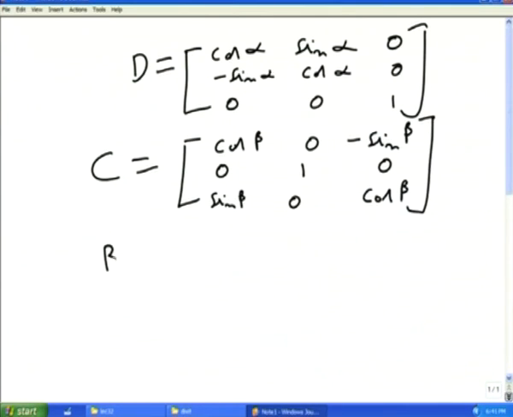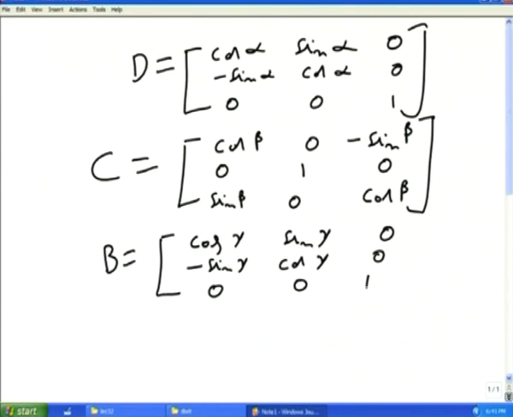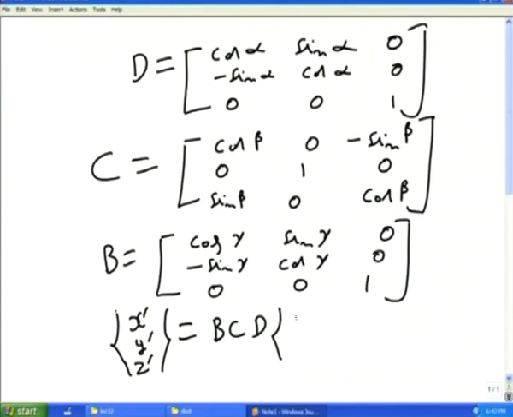And the rotation about the third one, B, is cos gamma, sin gamma, 0; minus sin gamma, cos gamma, 0; 0, 0, 1. If we denote the old axis system by x, y, z and the new by x prime, y prime, z prime, then you have the equation: x prime, y prime, z prime equals BCD times x, y, z.